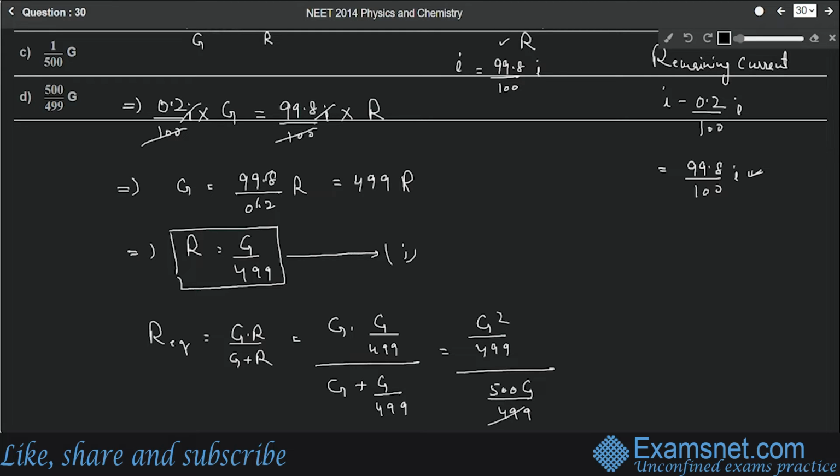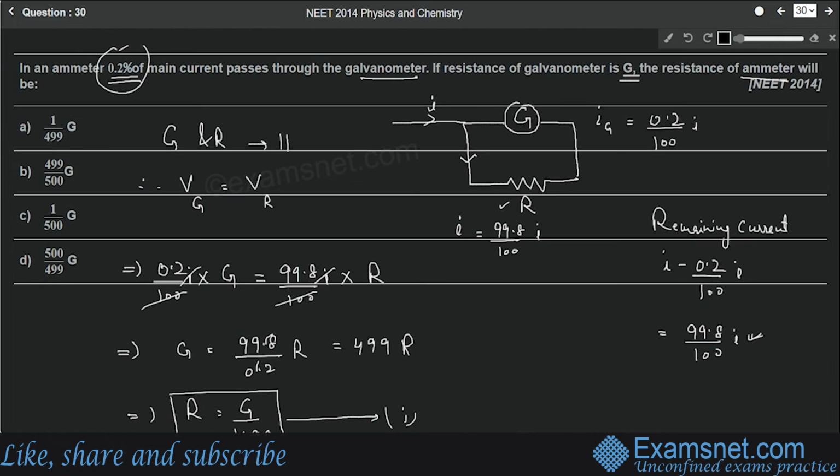So 499 will be cancelled, and one G will cancel, so we get G by 500. So the equivalent resistance is equal to G by 500. Let's see the options now. Option C will be the correct answer, 1 by 500 into G, or G by 500.